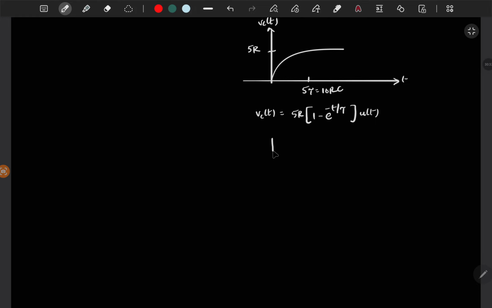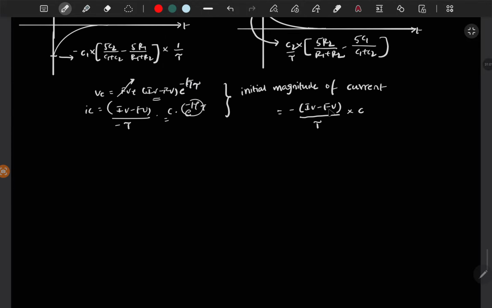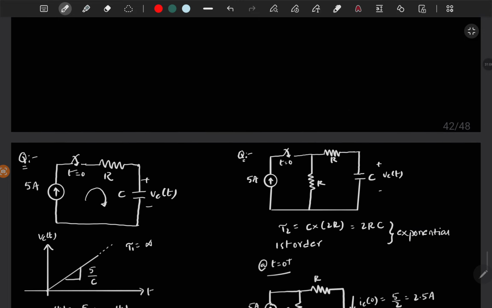And since the capacitor is charging exponentially, you will get a positive current with exponential decay. So how can you find this initial magnitude? Initial magnitude is final value minus initial value by time constant into c, right?